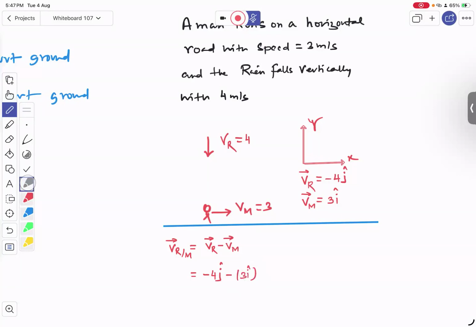So what did the velocity of the rain with respect to the man come out to be? It is a vector whose x component is minus 3 and whose y component is minus 4. So this thing is clear.